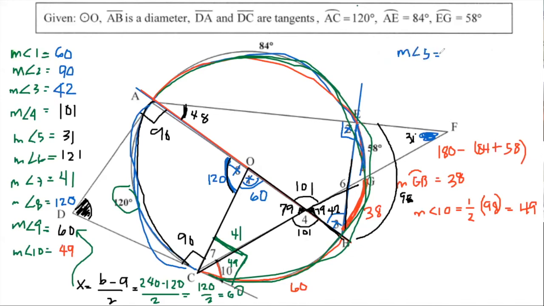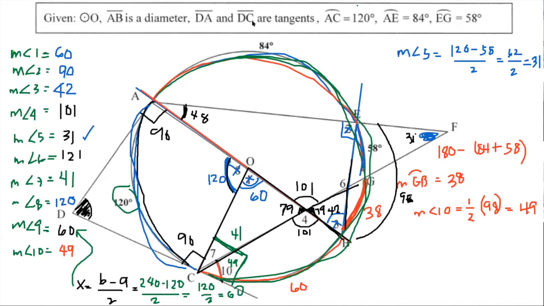Because measure of angle 5 has the bigger arc 120 minus the smaller arc 58, and then divided by 2. The answer will be 120 minus 58 is equal to 62, divided by 2, which is still equal to 31. And yet, our answer for measure of angle 5 is 31. So whether you use the formula or not, you will still get the same answer.